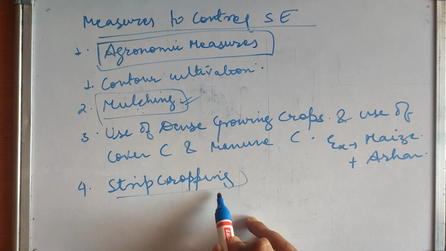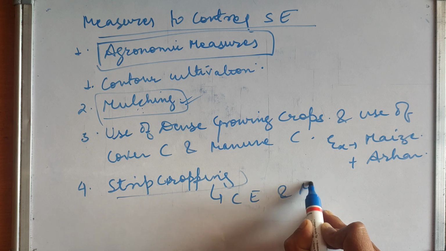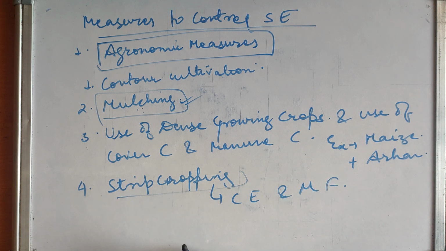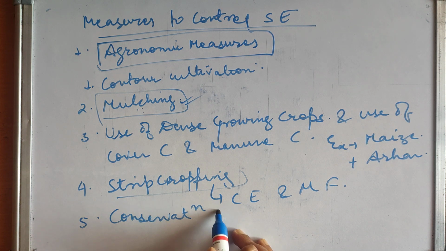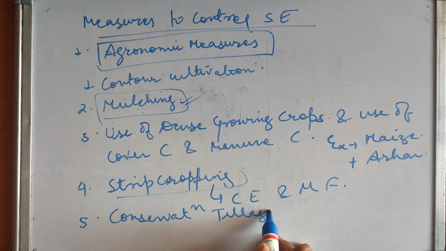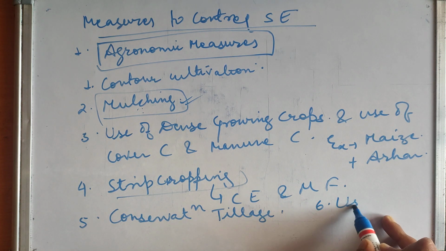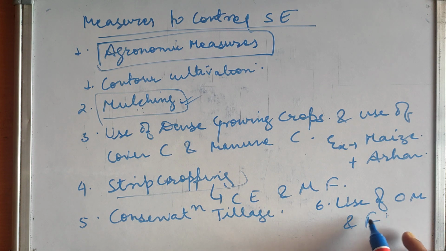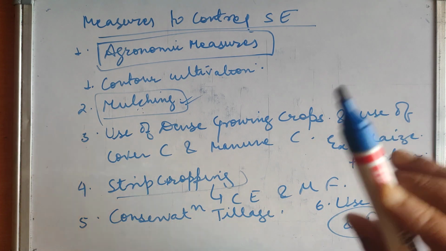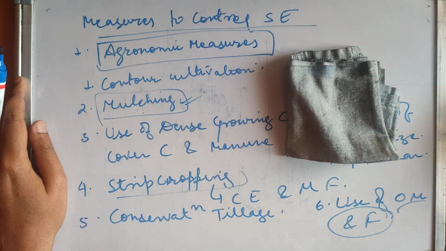It controls erosion and also maintains fertility. We need to do conservation tillage, and use of organic manures and fertilizers. So these are some of the agronomic measures through which we can control soil erosion.